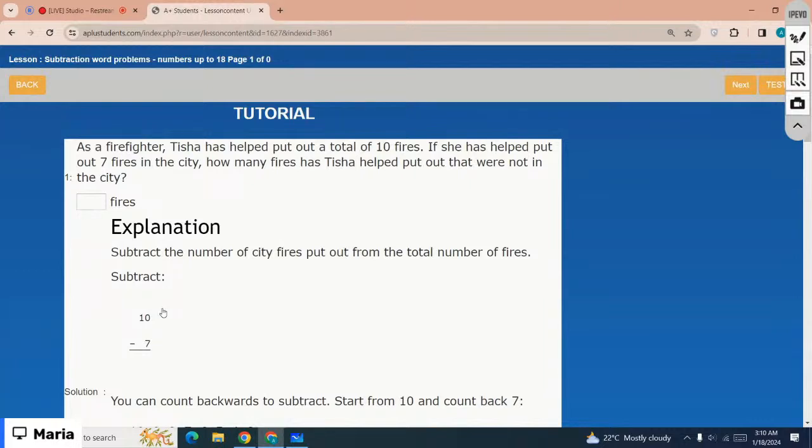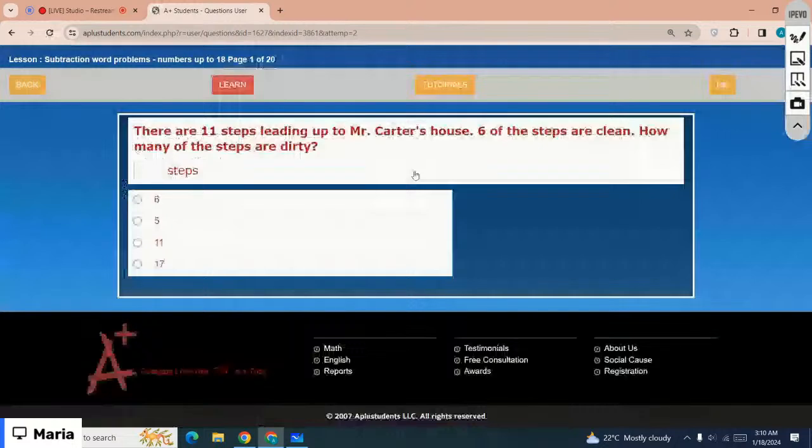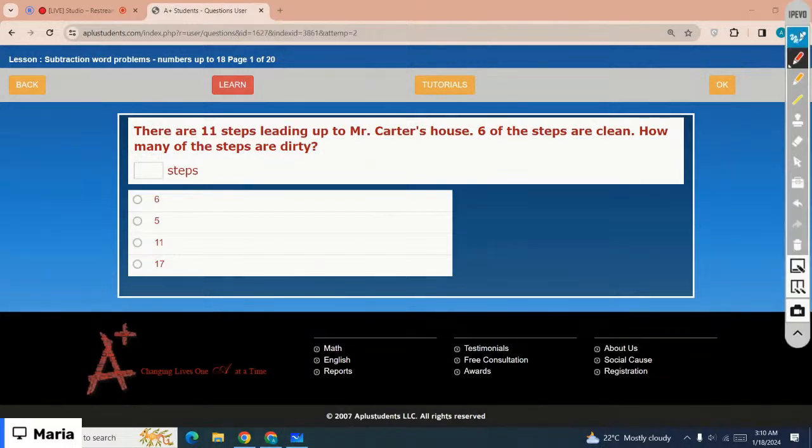Okay, let's start with the test questions. There are 11 steps leading up to Mr. Carter's house. 6 of the steps are clean. How many of the steps are dirty? So the total steps leading to Mr. Carter's house is 11, and 6 of them are clean. You need to count the ones that are not clean.